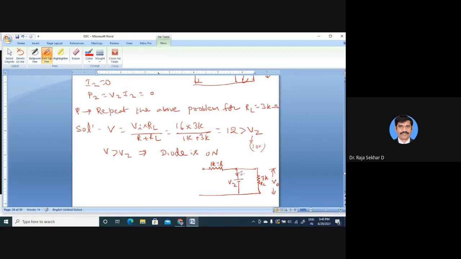So current flows here, IZ, IL, I, with 16 volts.